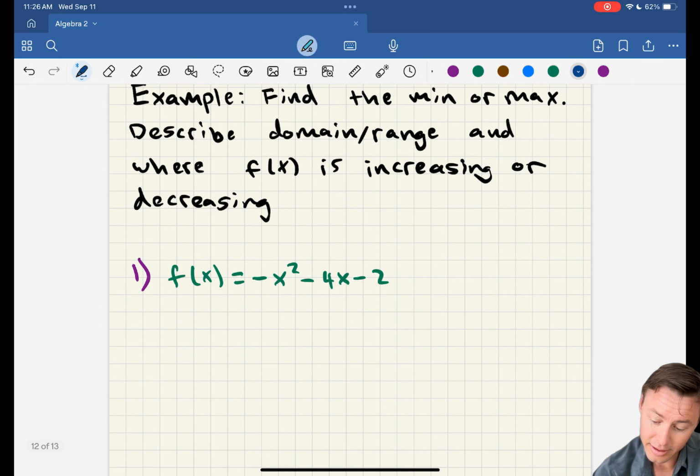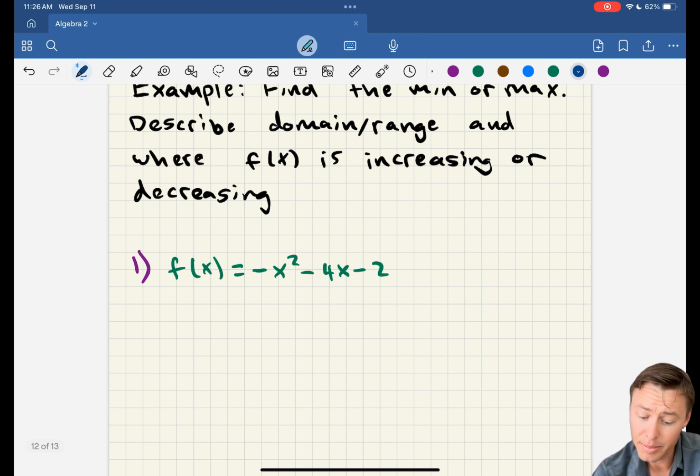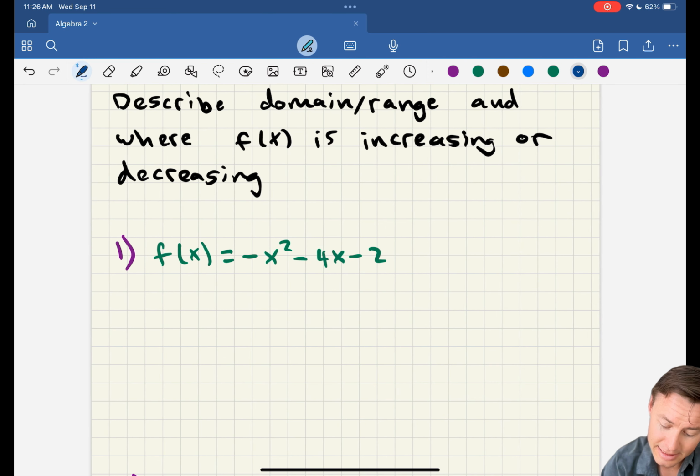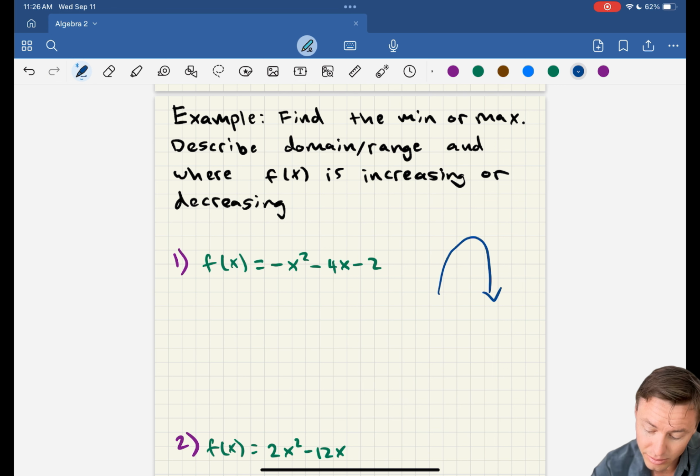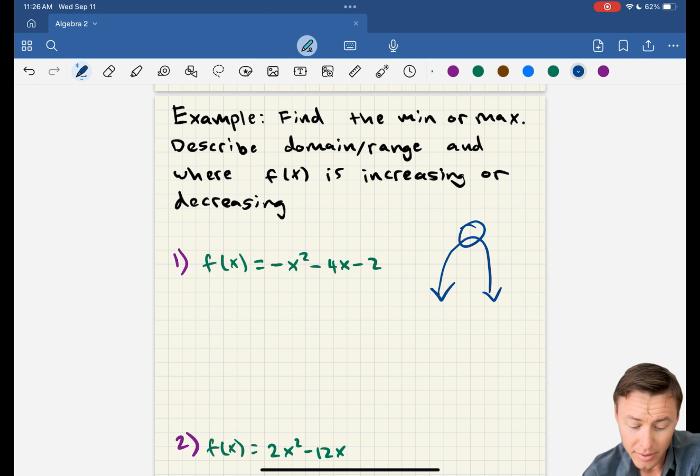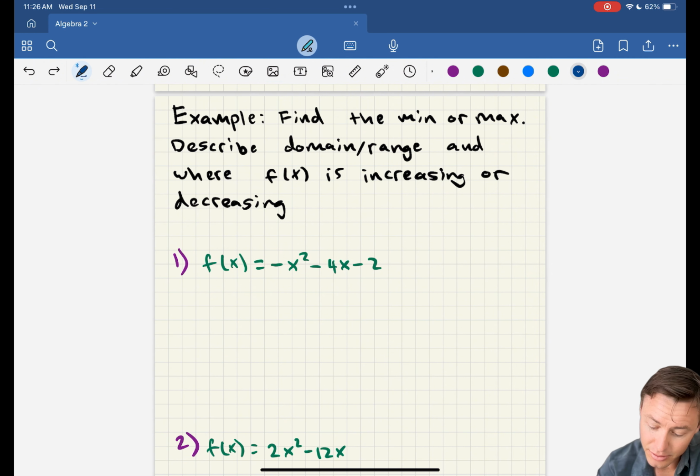So first thing we want to figure out is whether this has a maximum or a minimum. You can see this function has a negative a value because of this negative 1 out front of x squared, which means that it's going to face down, which means that it has a maximum value right there at the vertex. So to find that maximum value, we just figure out what the vertex is.